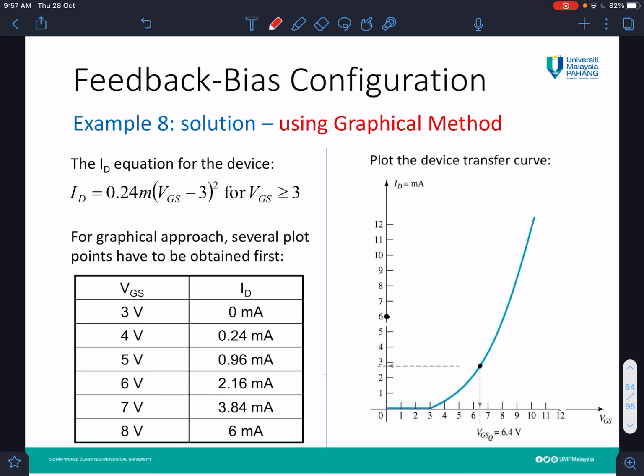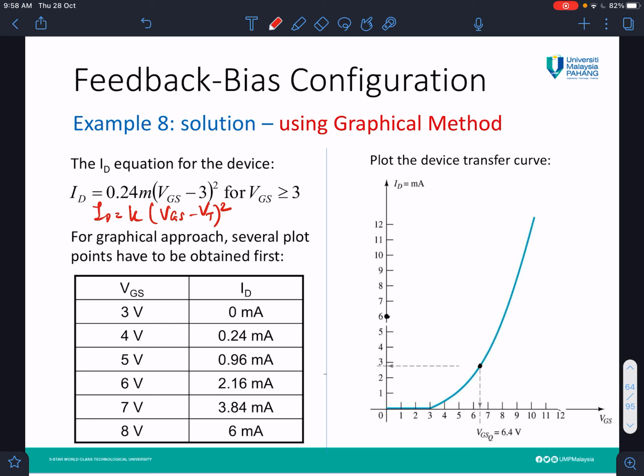Remember again, ID equals K (VGS minus VT) squared. So from this equation you need to plot several points. So you need to find these points.